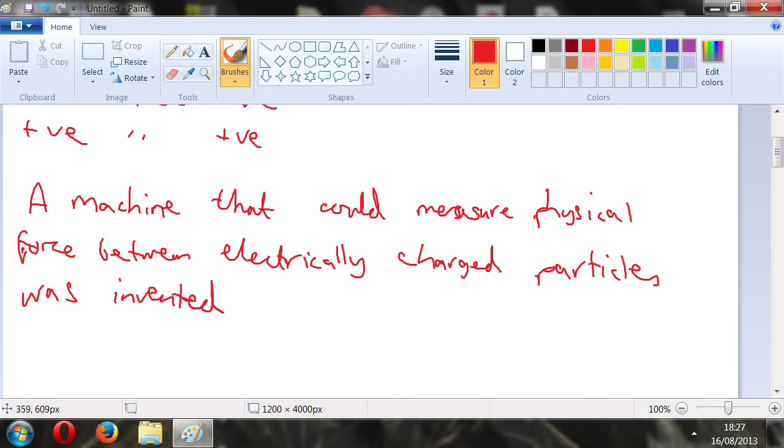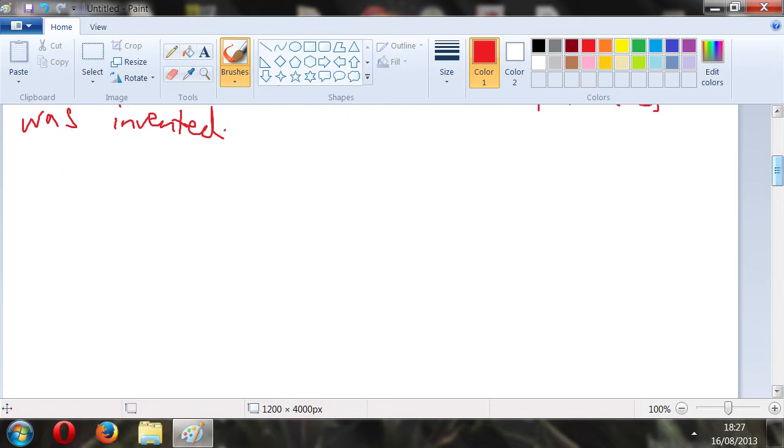And this was a good way to quantify what was actually going on, with the standard scale of newtons and stuff like that.